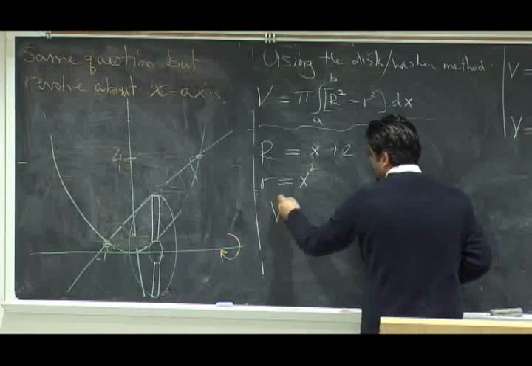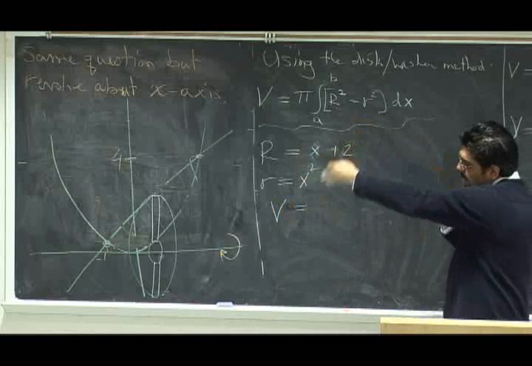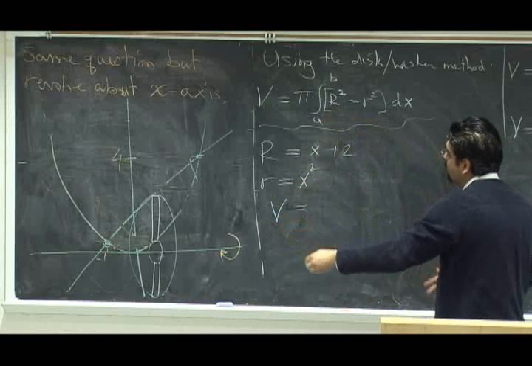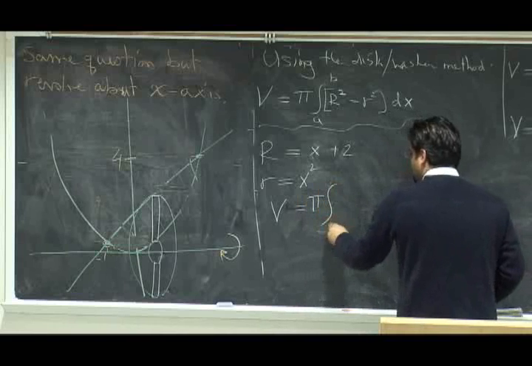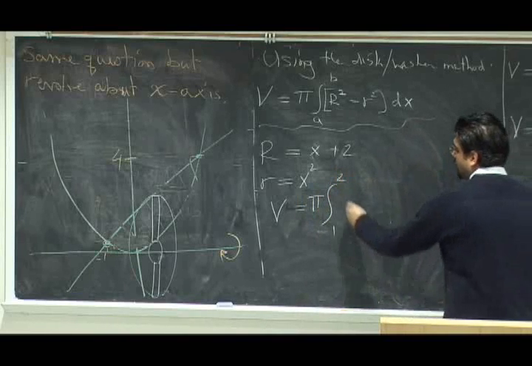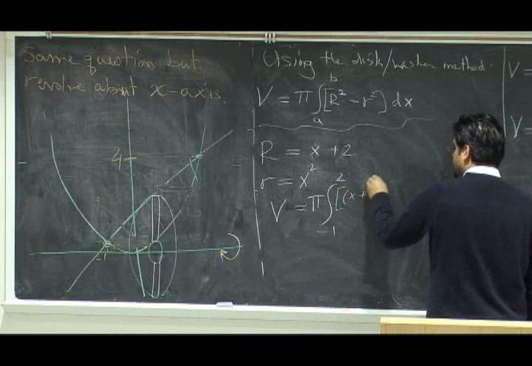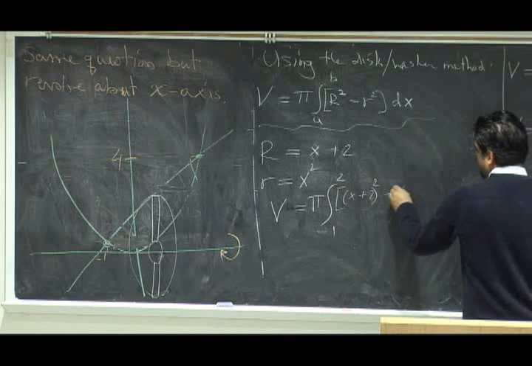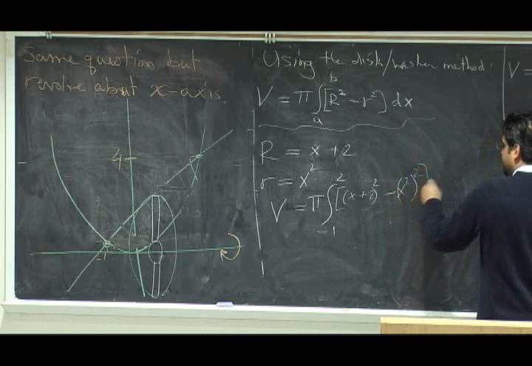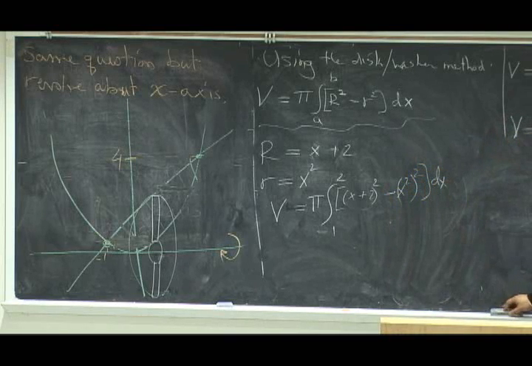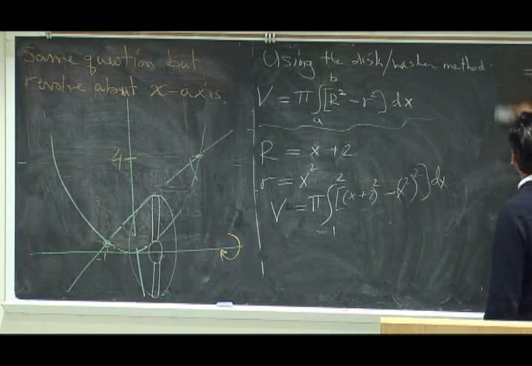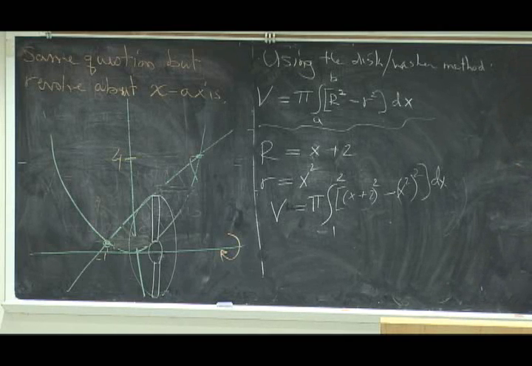So then, on the x-axis, this solid lies between -1 and 2. So the integral from -1 to 2 of big R squared, which is (x plus 2) squared, minus little r squared, which is (x squared) squared, dx. Already we have a very simple problem because we don't have two integrals, we have one.